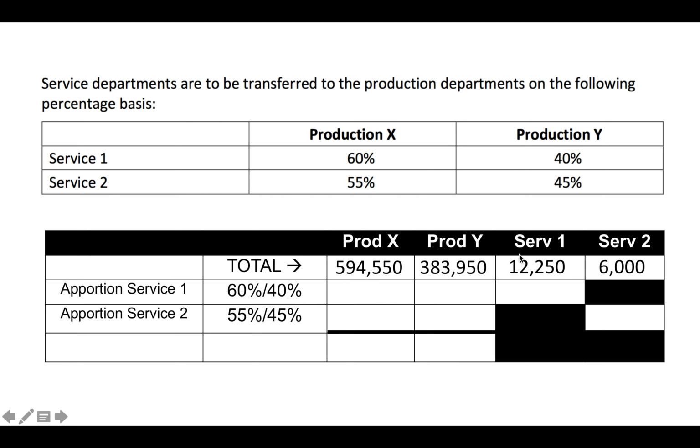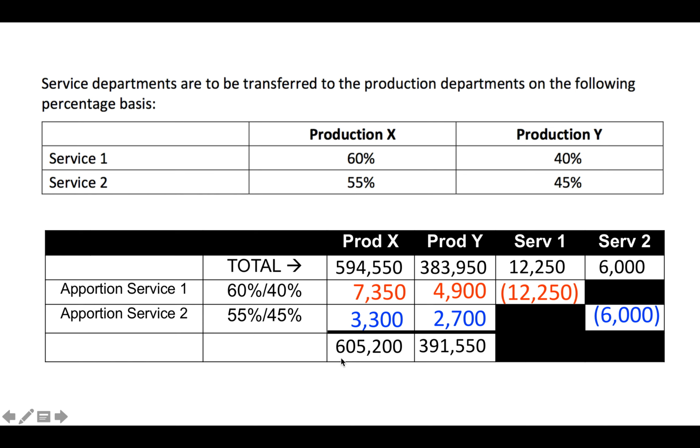We don't want to have this 12,250 there, so we're going to take that away and split it up 60% into production X and 40% into production Y. And then service department 2, we're going to get rid of this 6,000 here, and we split that up 55% into production X and 45% into production Y. So then altogether production X is €605,200 and production Y is €391,550.